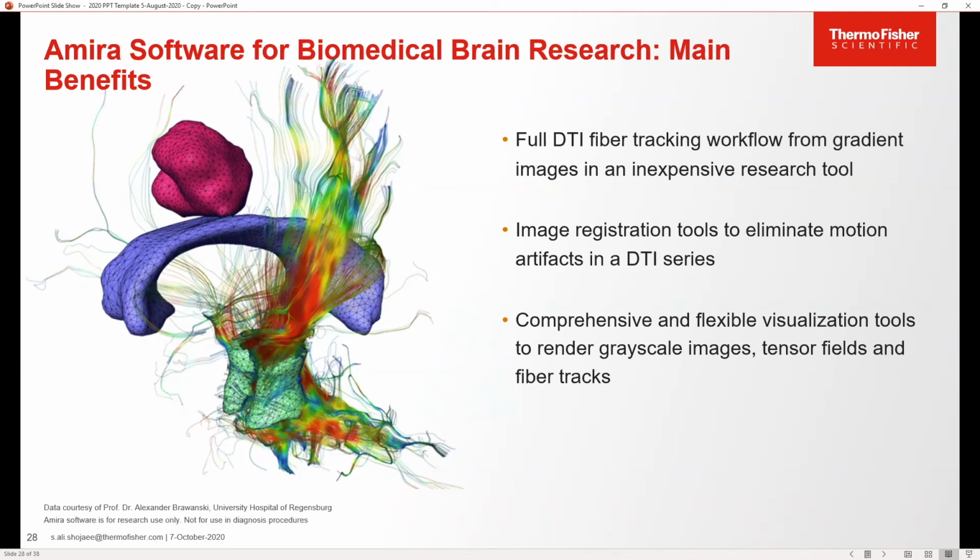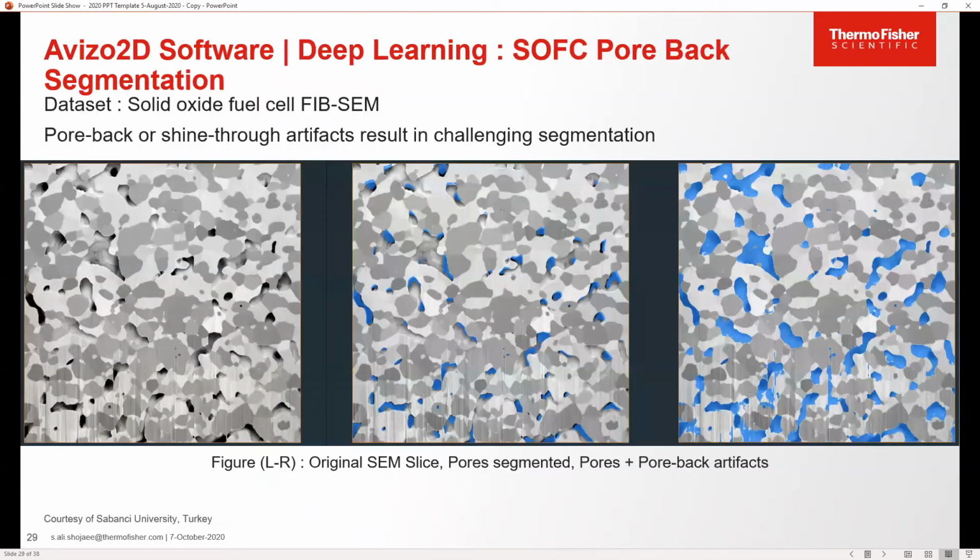And then again, as we talked about everything else, it's flexible in terms of visualization. You can both visualize the fiber tracks as well as the tensor fields that you have generated during the DTI calculation.